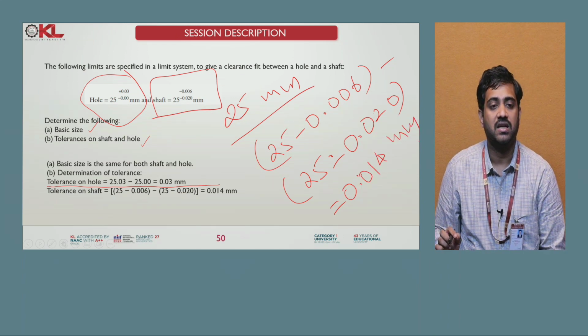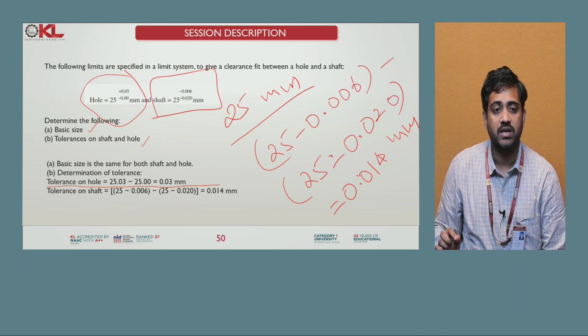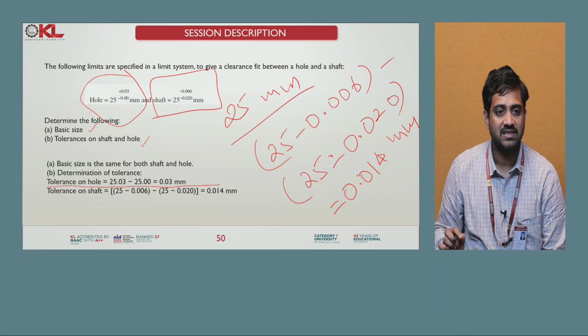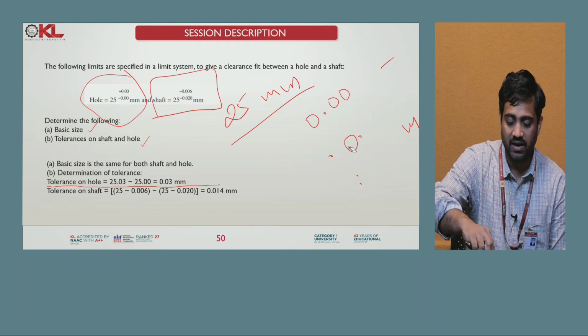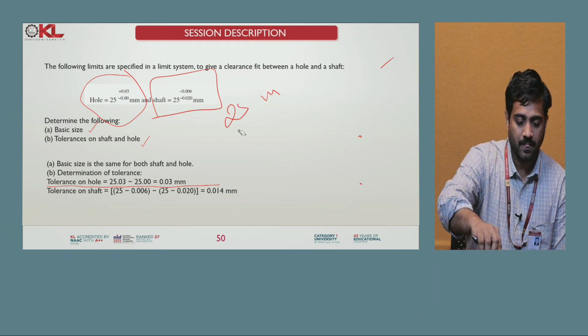So this is the permissible tolerance on the shaft. Like this, we can determine the tolerances for shaft and hole for the given limits.